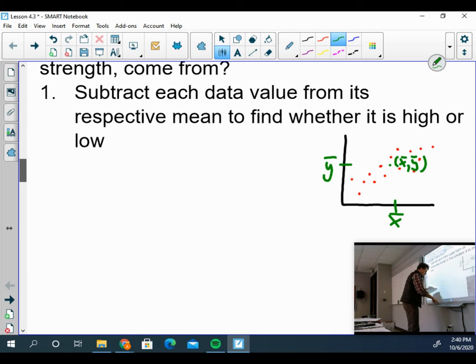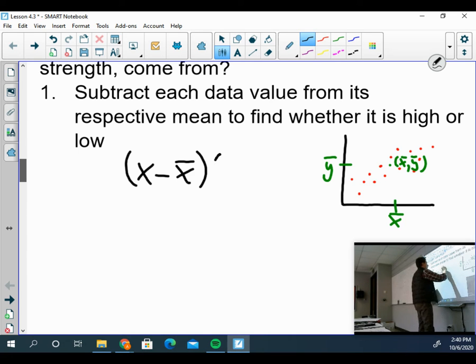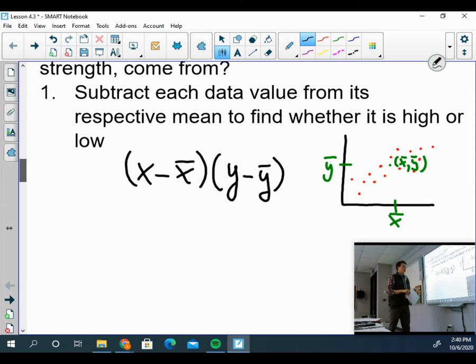Well, we can start out the process by taking all of our data values and subtracting them from the mean. And then we multiply them together. Okay?